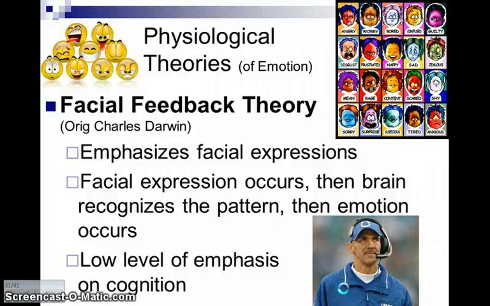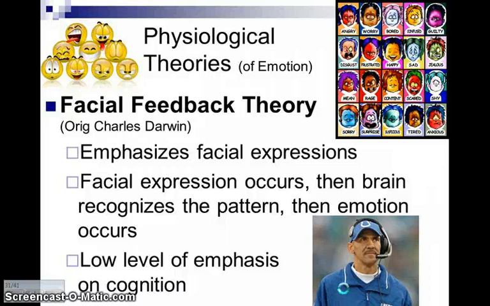They believe that the facial expression occurs, and we talked about how universal facial expressions are, and then the brain recognizes that pattern of our face, and then as a result the emotion occurs. So where James-Lange was talking about a variety of physiological responses occurring and the brain recognizing all those things, this particular theory focuses strictly on the face.